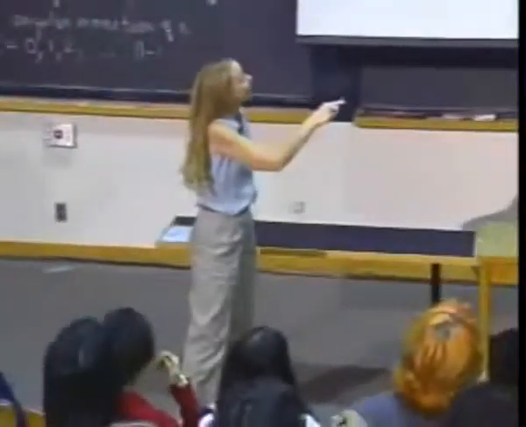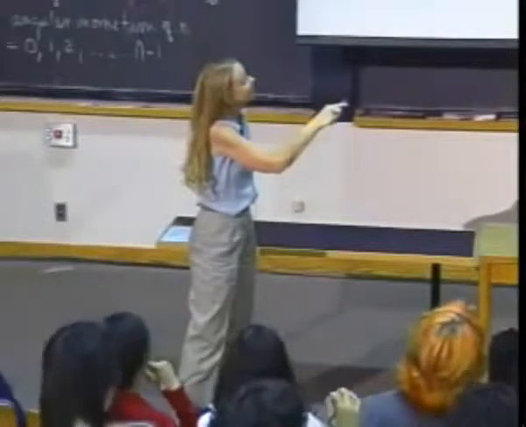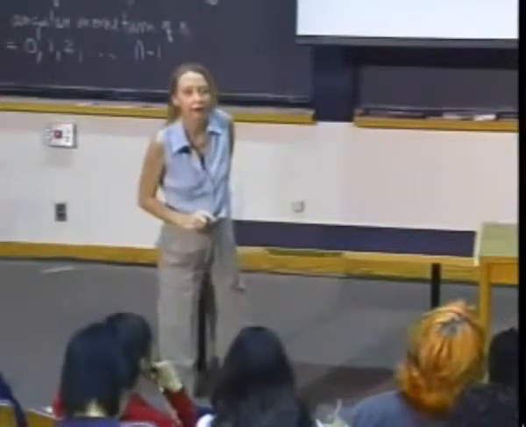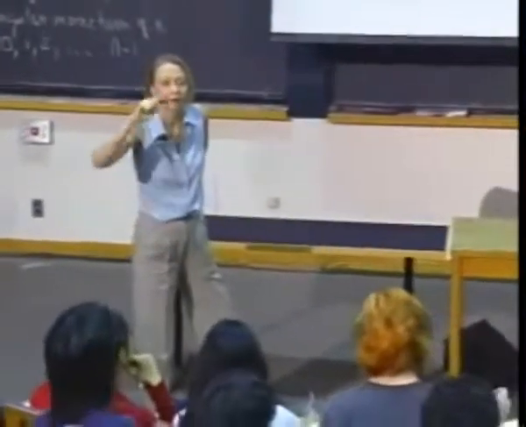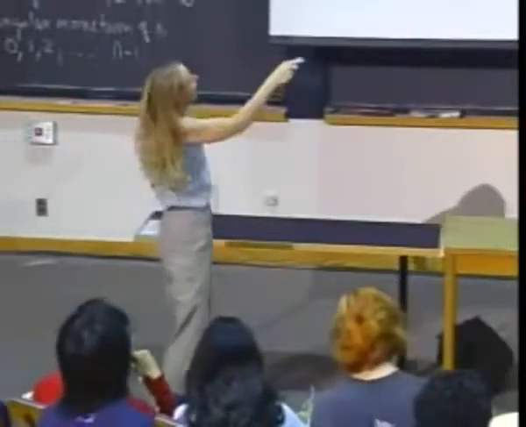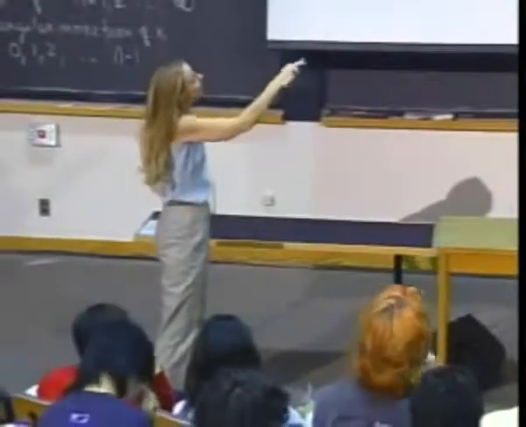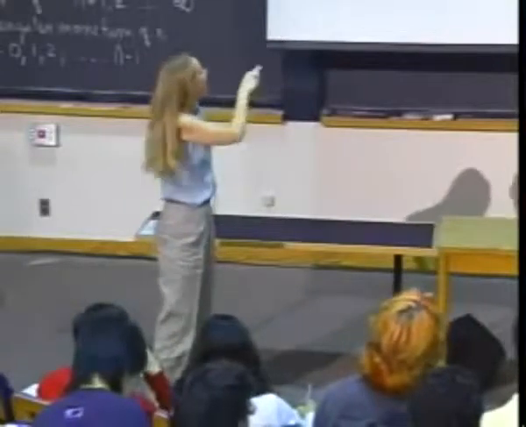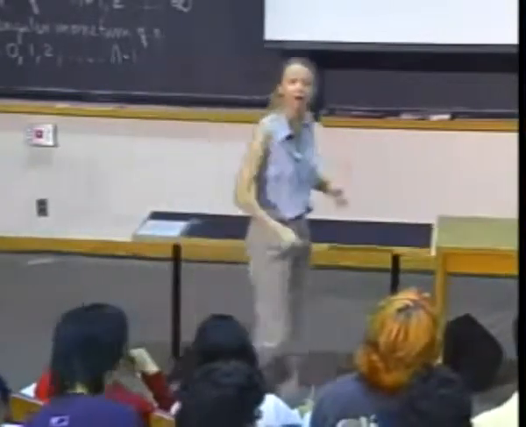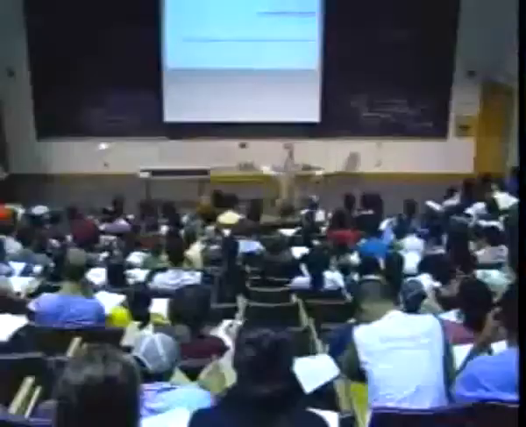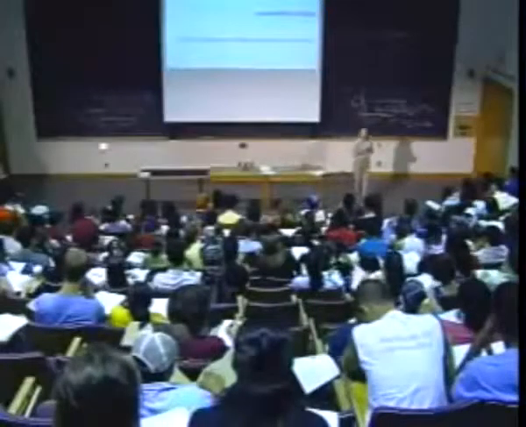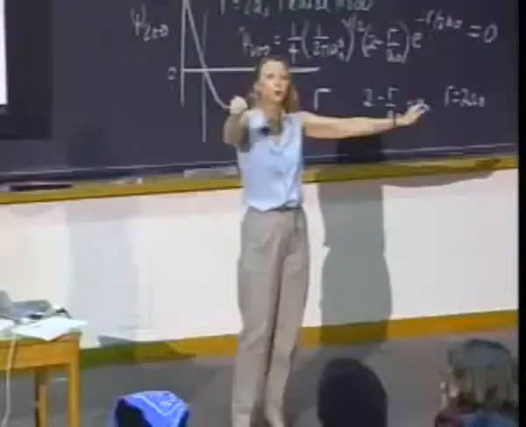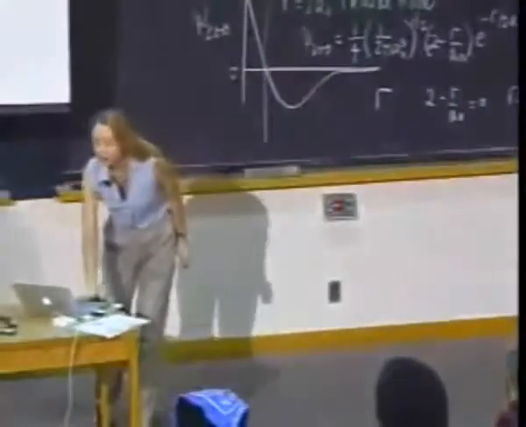Well, I'm going to take my probability density, which I said was psi squared, probability per unit volume. I'm going to multiply it by a volume. Then I'm going to get a probability of finding my electron some distance r to r plus dr from the nucleus.